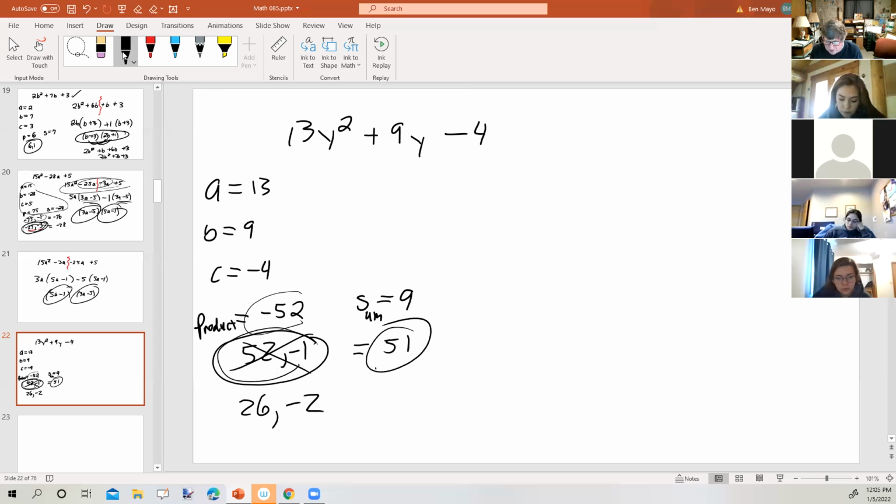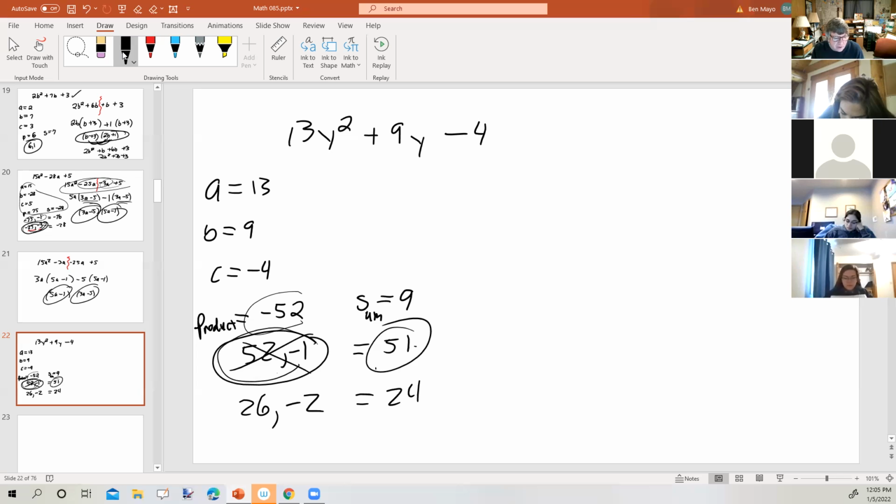That's a pair of numbers that still give me negative 52. Do you see that? Yeah. But what's their sum? It's 24. I'm getting warmer. I still don't have 9, but I'm headed in the right direction because I went from 51 down to 24. Okay.